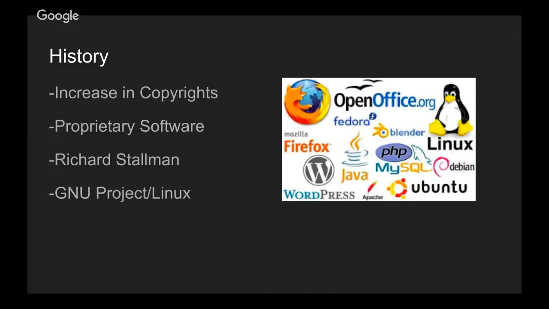As collaboration dwindled, Richard Stallman, a member of MIT's Artificial Intelligence Lab in 1971, knew something needed to change. In 1984, Stallman created the GNU project, which would create a free operating system. This project eventually joined with Linux and had the largest installed base of all general-purpose operating systems.